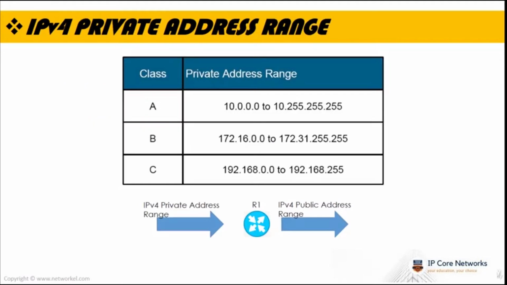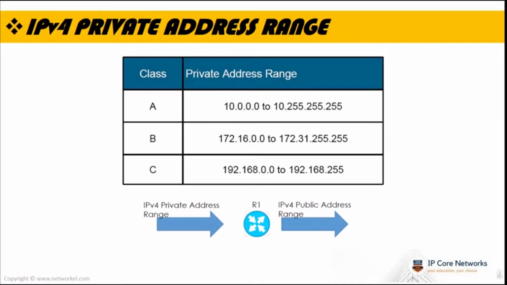Let's go ahead with the private IP address range. A private IP address is an IP address that is reserved for internal use behind a router or other NAT device, apart from the public. Private IP addresses are in contrast to public IP addresses, which are public and cannot be used within a home or business network.